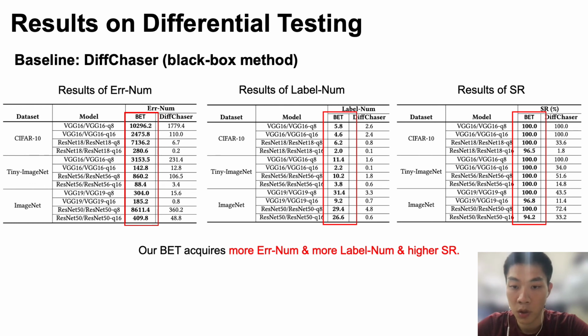These tables show the results of differential testing on all datasets and models respectively. Overall, our method BAT can acquire more audience inputs with more diversified labels and higher success rate. Such results indicate our method significantly outperforms the state-of-the-art black box method.